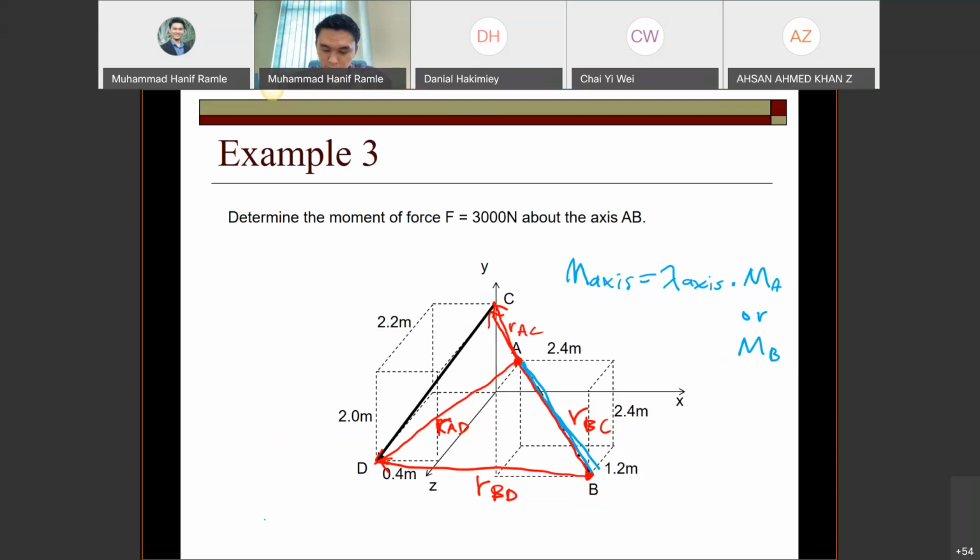So the first R is RAC. You get 2j plus 1.2k. This is your RAC.